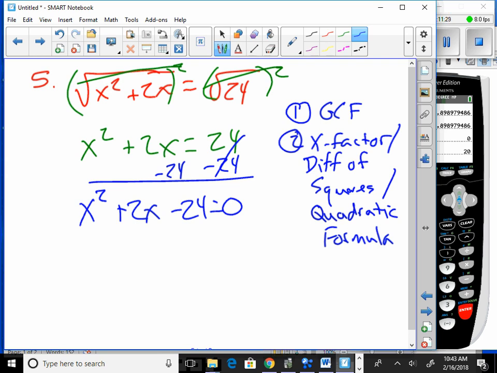So I always try x factoring first. Okay, and then after you've factored it, if you could, x factoring or difference of squares, what would be the next step? Well, after we had x factored it, what do you do with those factors? Solve for 0. You set each factor that contains an x equal to 0 and solve.